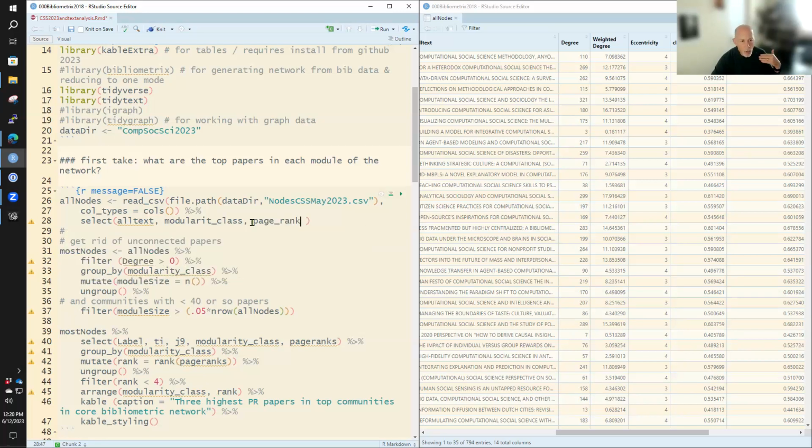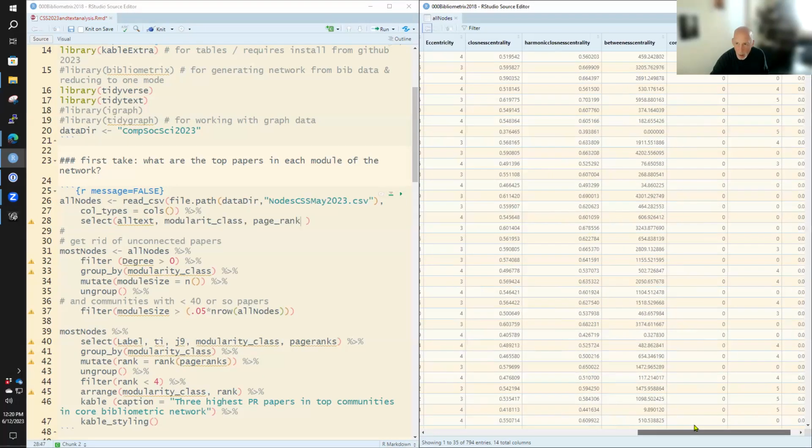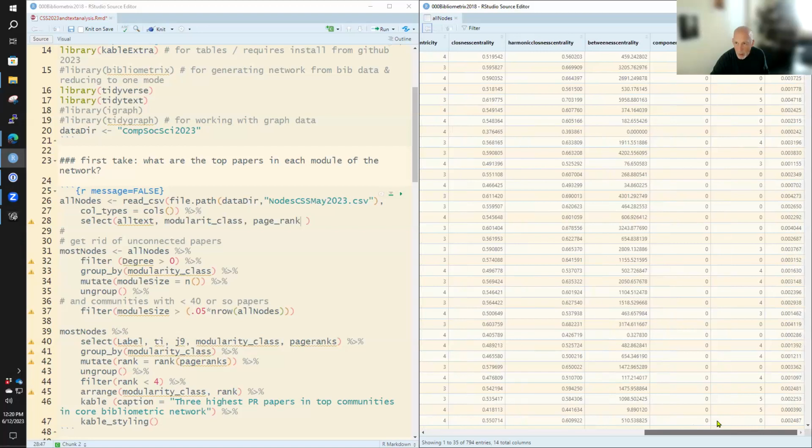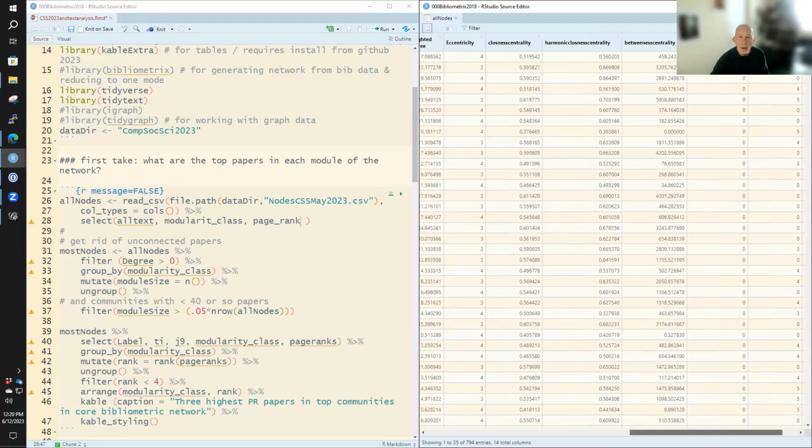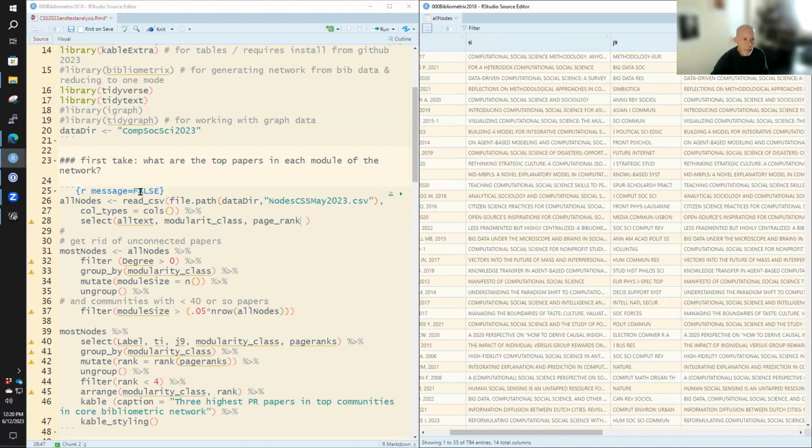Okay, so at this point, I think that's all I'm going to be working with here. Again, I can fiddle with this, page rank, modularity class, and so forth. So let's strip this down, let's simplify this.